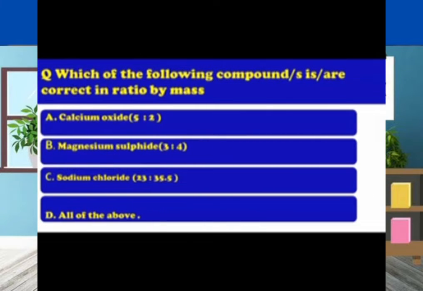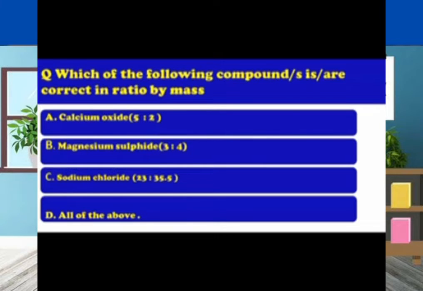The next question, which of the following compounds are correct in ratio by mass? We already studied about the ratio of different compounds. The compounds are combined with the ratios. Here we have four options.